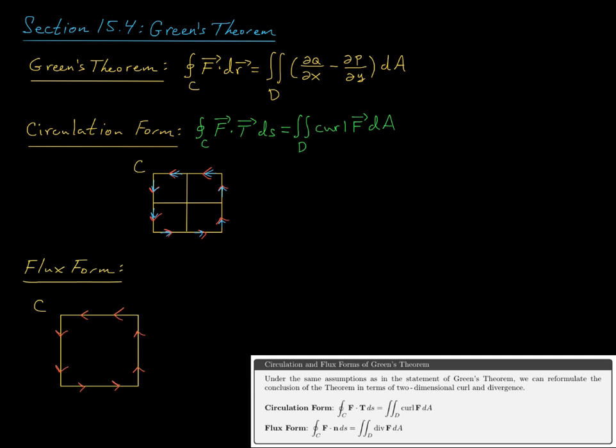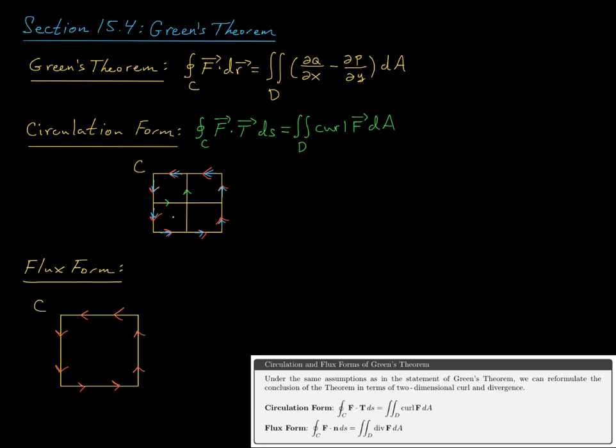Now as far as the orientation of this little square, I want the region inside of this square to always be off to my left as I move along the boundary. So I'm going to have to move like this, and then I'm going to have to go up like this. So as I move along this little square, this interior region is always off to my left.